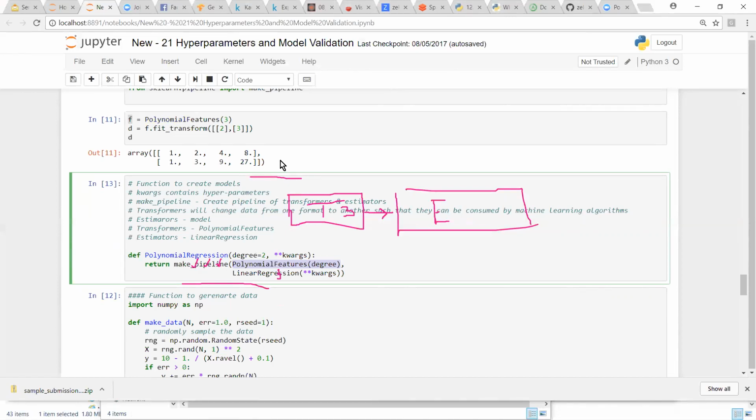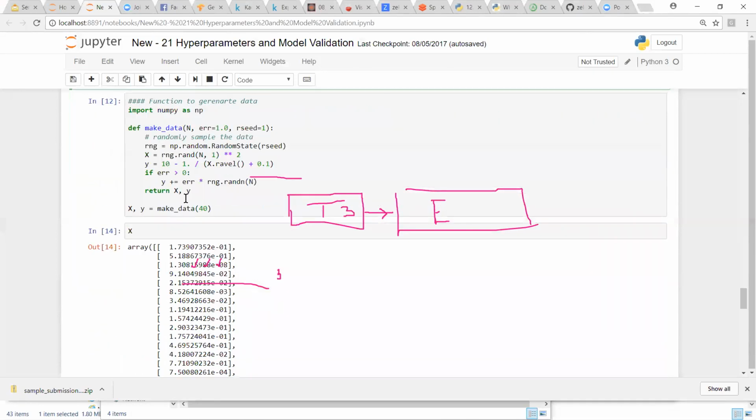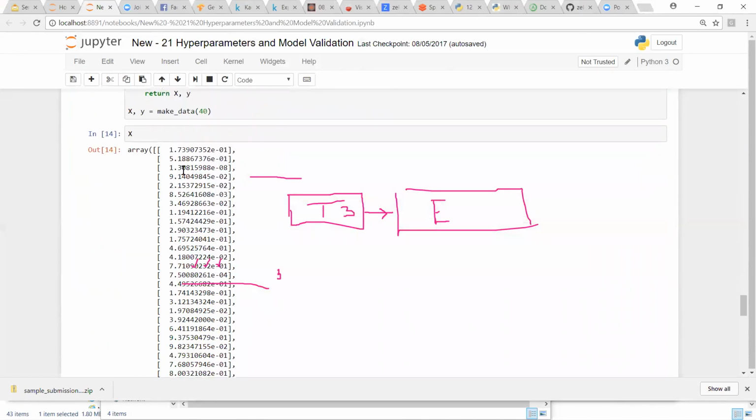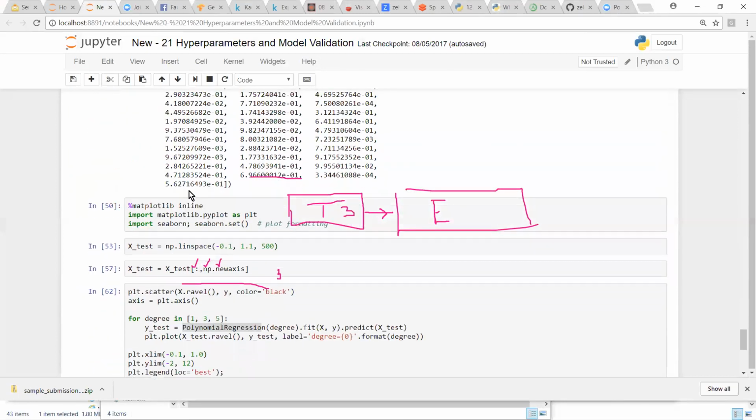Let's see, we are generating some data x here. This is your x. When you're doing a fit here, you're passing this x. Each data of x gets converted into 4 columns or 6 columns, depending on whether you're calling it with degree 3 or degree 5. Your input to this transformer is x.